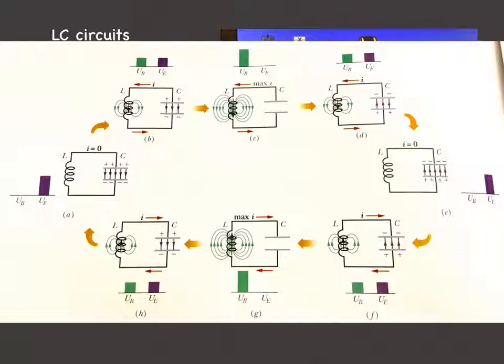So as this capacitor discharges, of course the current increases. Whenever the capacitor is fully uncharged, that's when we have the maximum current, maximum magnetic field, and its charge starts to build up.